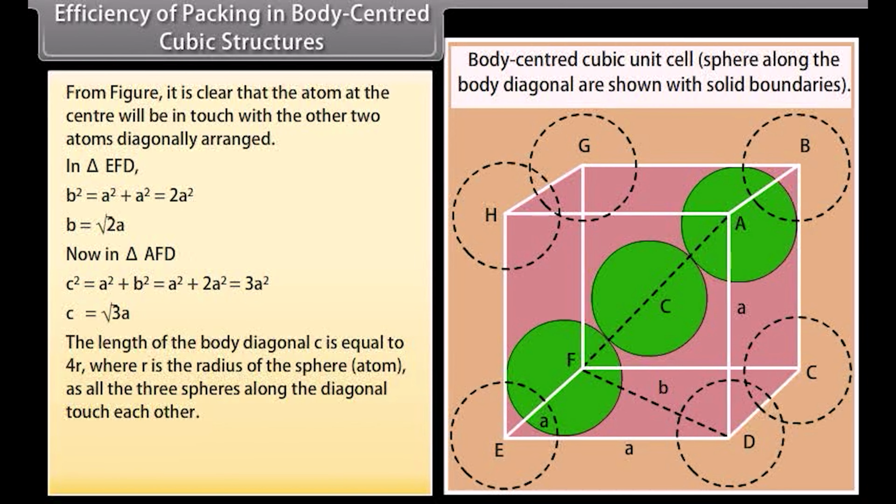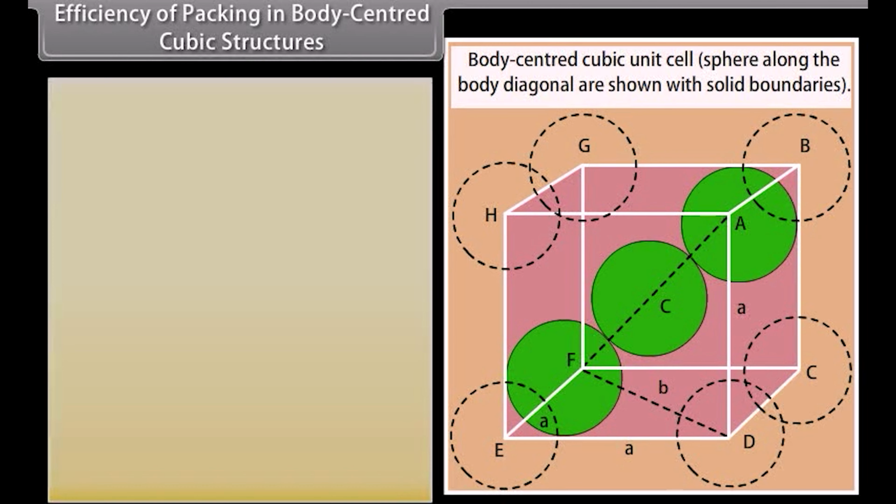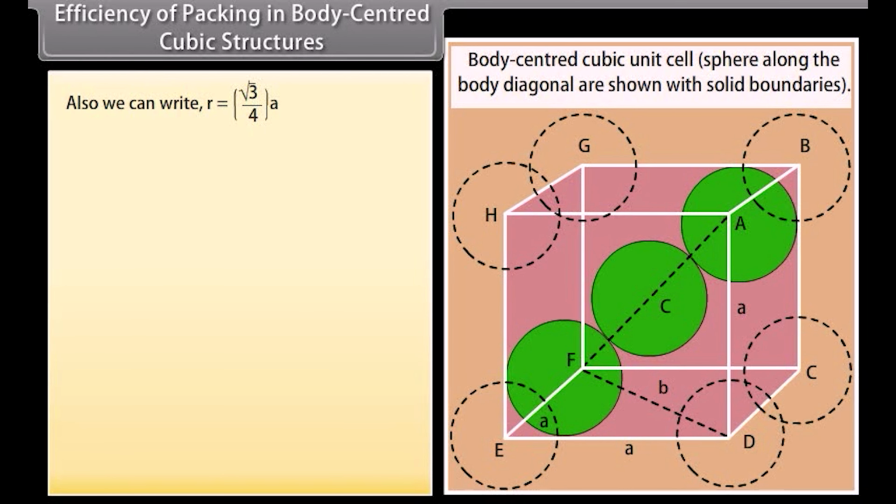The length of the body diagonal c is equal to 4r, where r is the radius of the sphere atom, as all the three spheres along the diagonal touch each other. Therefore, √3 a is equal to 4r. a is equal to 4r upon √3. Also, we can write r is equal to √3 upon 4 a.